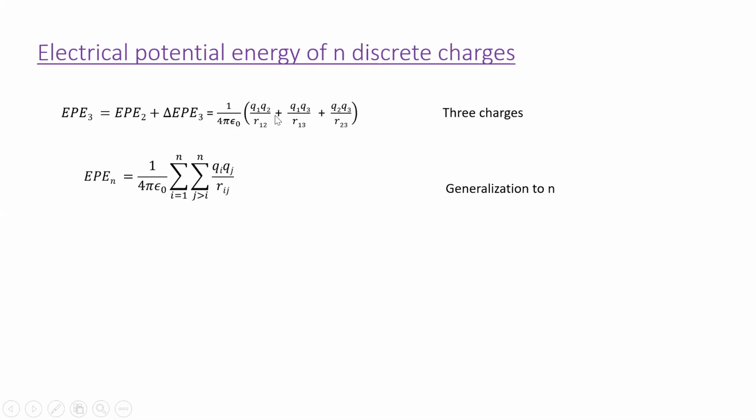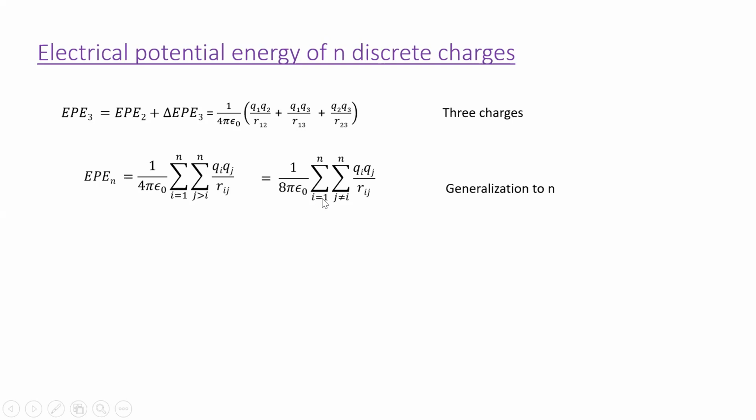Okay, well, we're going to do a little bit more hocus pocus. We're going to change the summation a little bit by introducing some double counting. What that means is that instead of taking the second sum and just taking the terms which are greater than the index of the first sum, we're going to take all the terms in the second sum which are not equal to the term in the first sum.